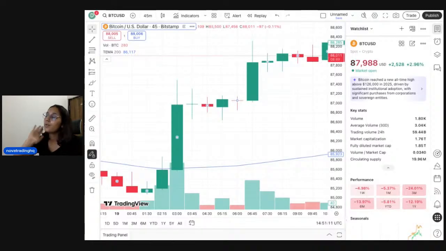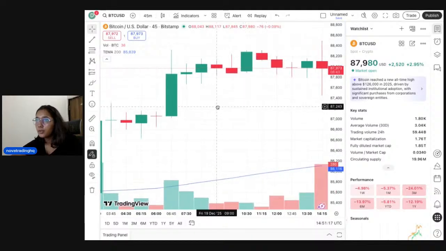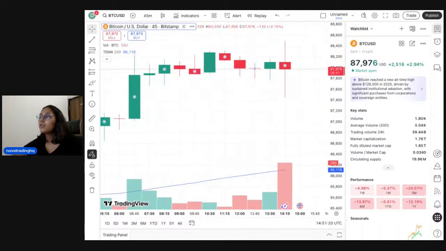Now, when you look at phase B, that's the healthy pullback. It's not a downtrend. After the impulse, price does not collapse. Price was not collapsing at all. Instead, you can see smaller red candles, overlapping bodies, and shallow retracements.